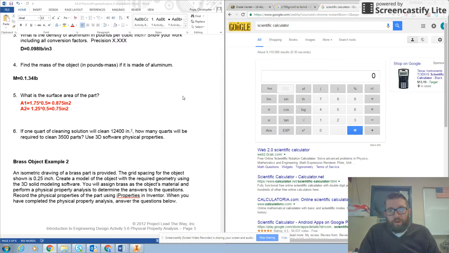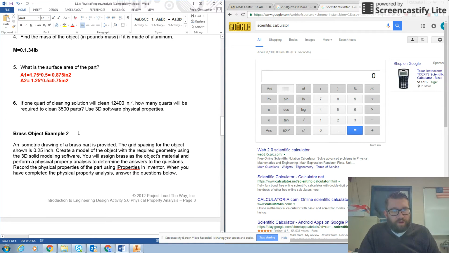Okay, so we're going to do part 2 of activity 5.6, physical properties analysis. We left off having you find the surface area of the part, and I gave you a couple of examples of how to do that.